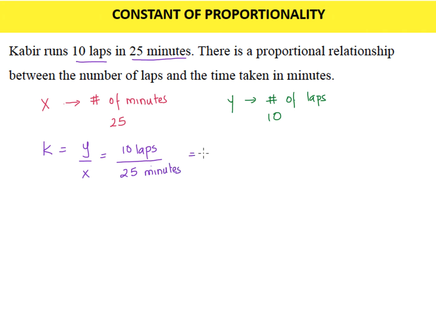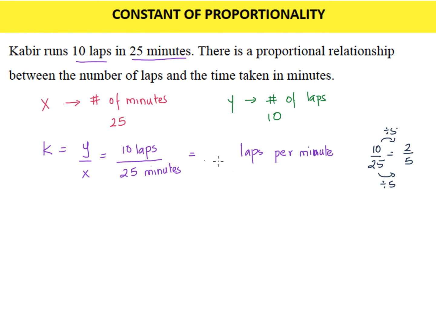And I can simplify 10 over 25. Let me write that on the side here. I can divide both top and bottom by 5. I can write that as 2/5. And my answer, you must realize, I'm dividing laps by minutes, so my answer is going to be laps per minute.